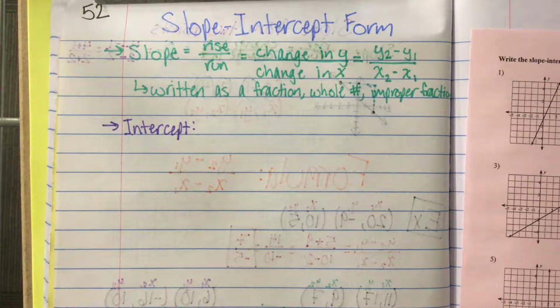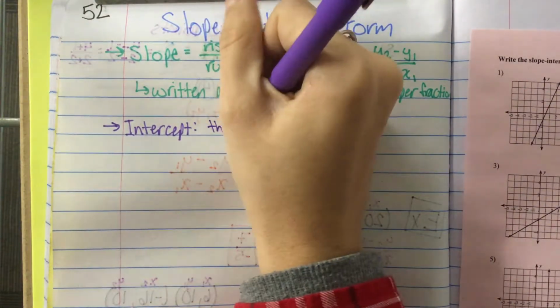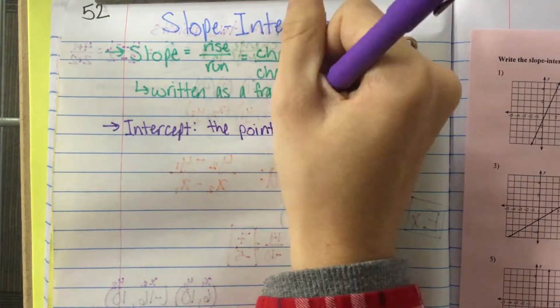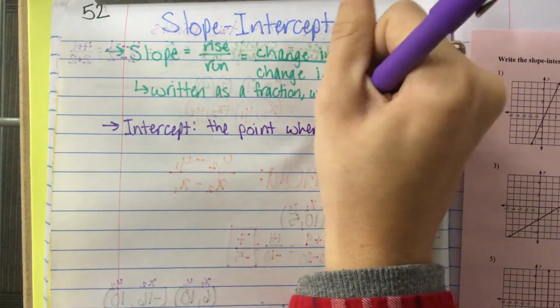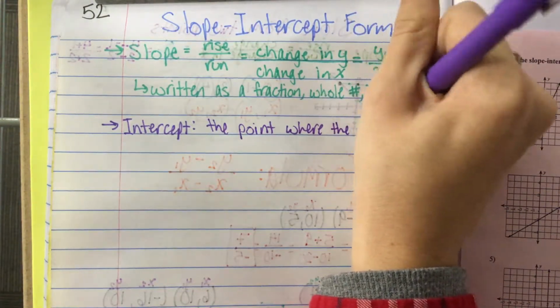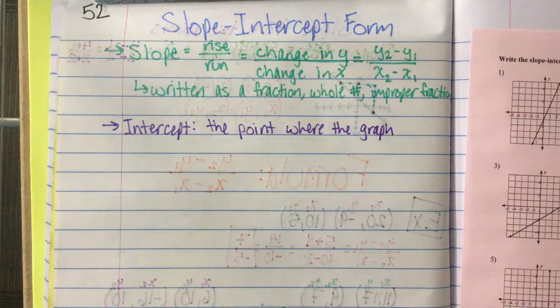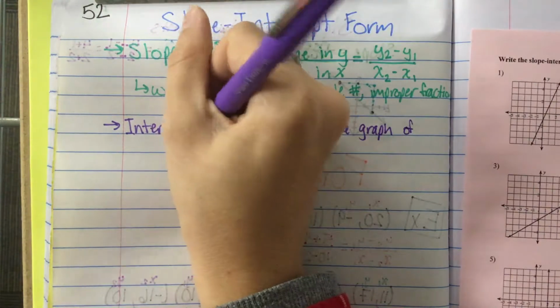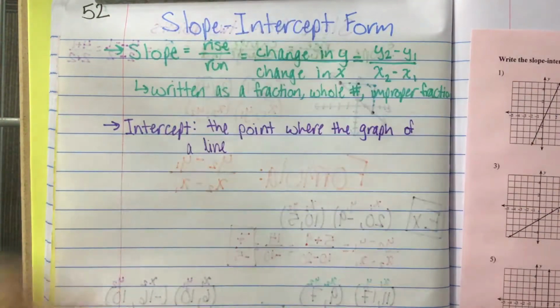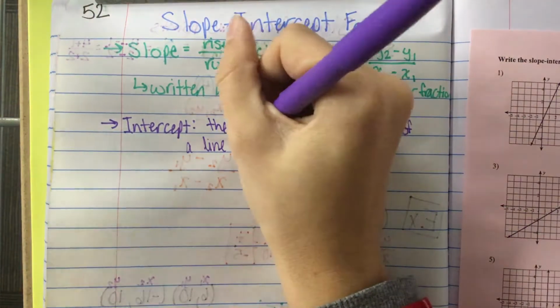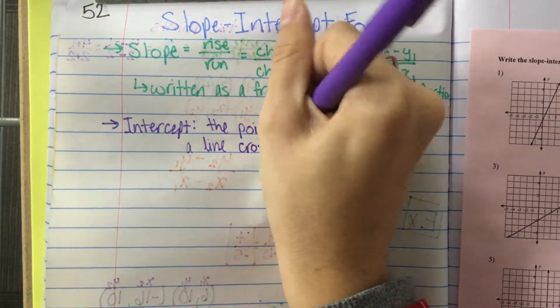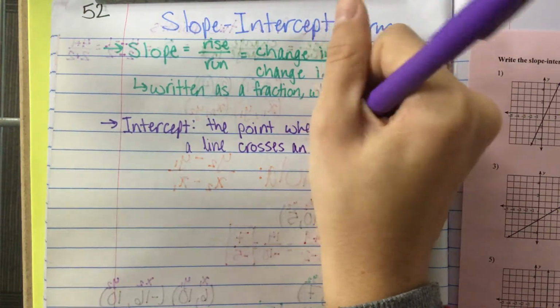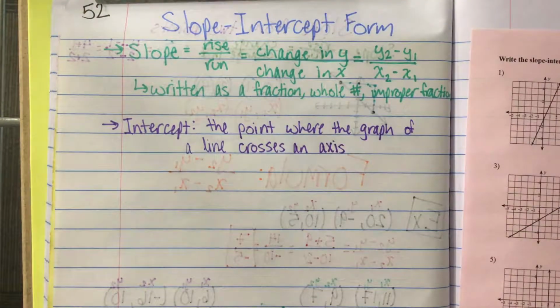So intercept: the point where the graph of a line crosses an axis.